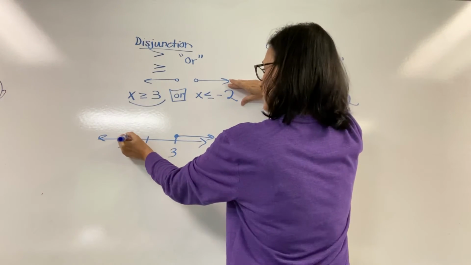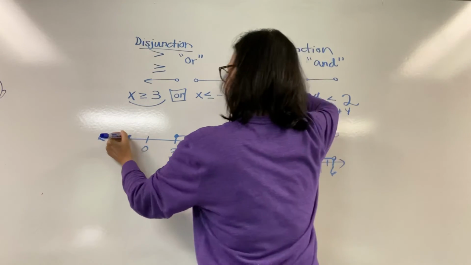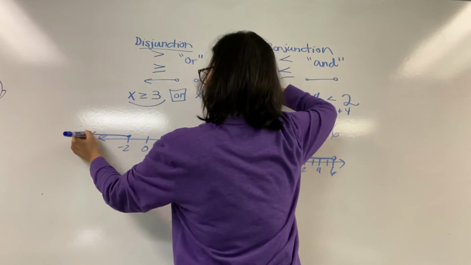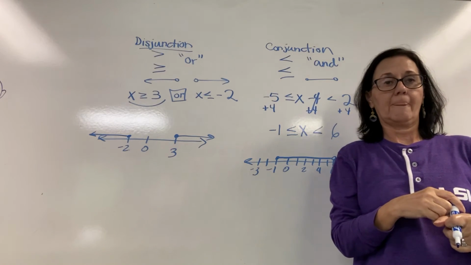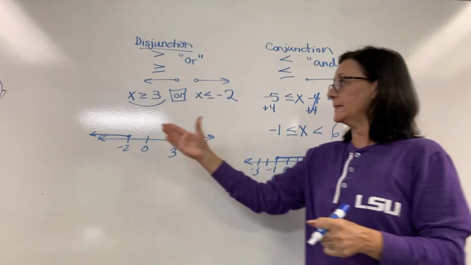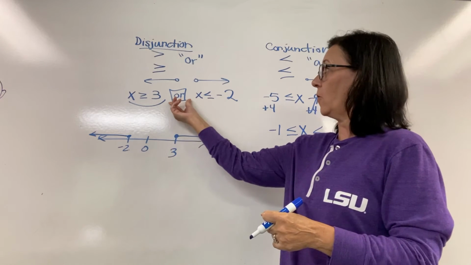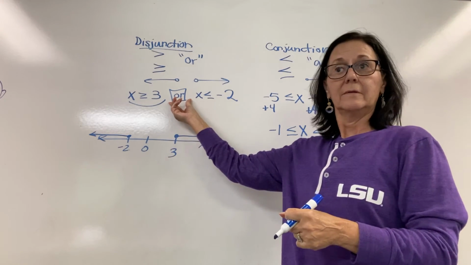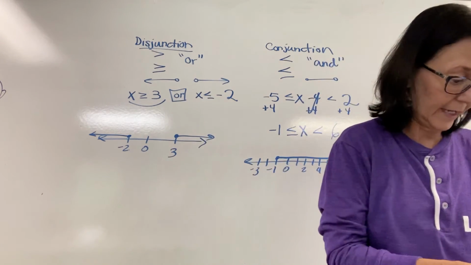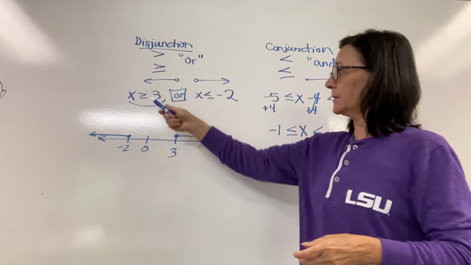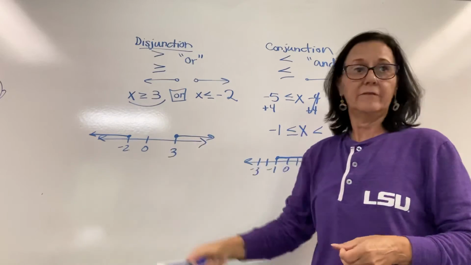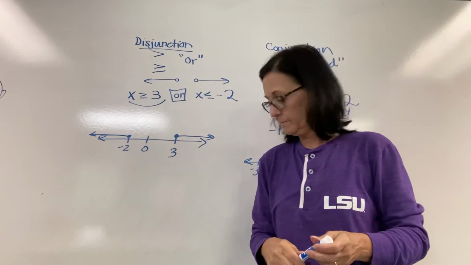And it's also equal to, so I have a closed indicator here on -2, and it goes in that direction. And we expect it to be a disjunction because of the word or in that case. And typically they put the greater than first.